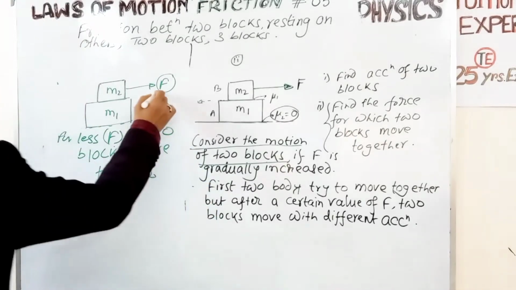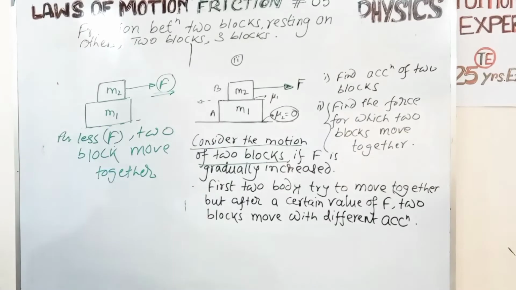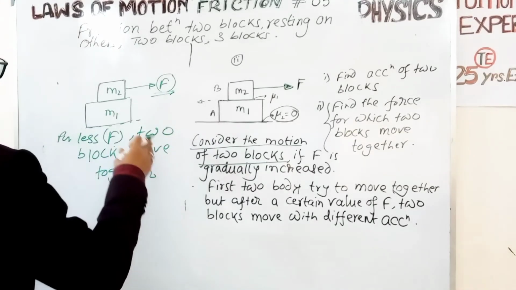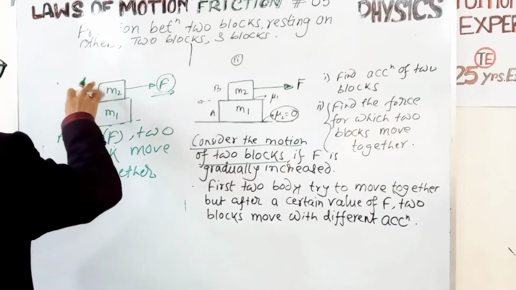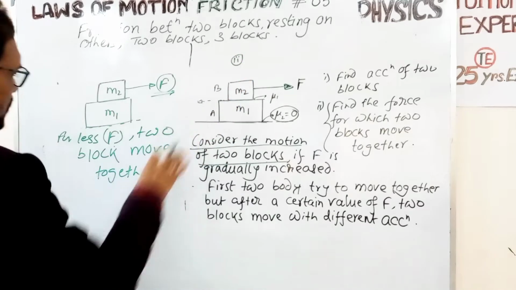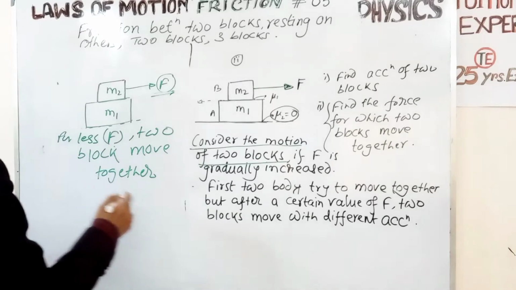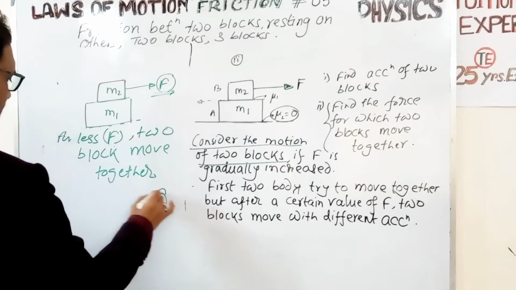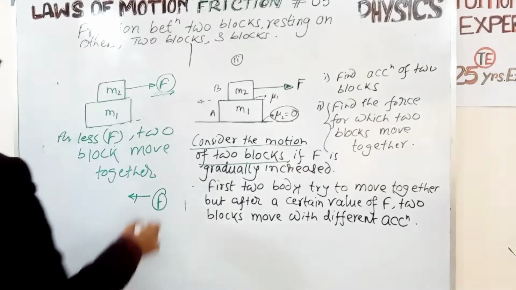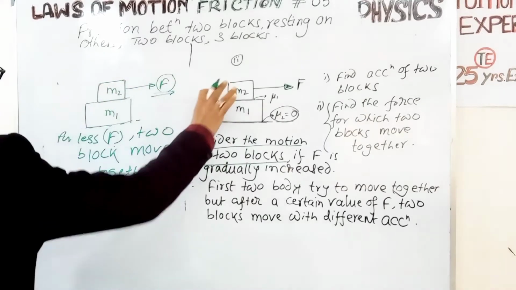I will discuss what the value of F is. After that force, the block m2 will move separately and m1 will move separately. So for a certain value of F, below that force, the two blocks move together.